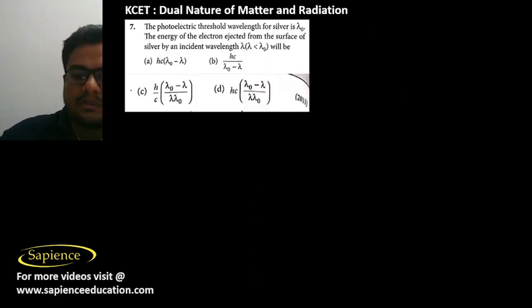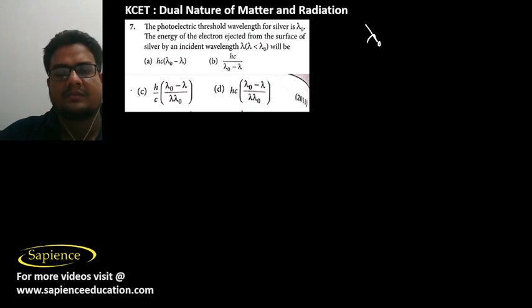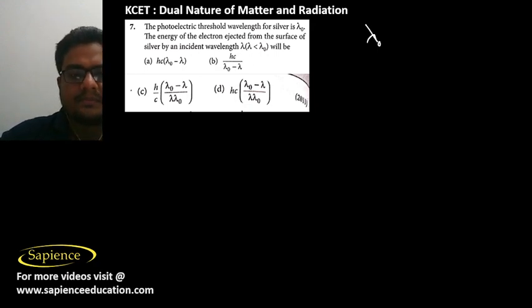And question number 7 says the photoelectric threshold wavelength for silver is lambda naught. The energy of the electron ejected from the surface of the silver by an incident wavelength lambda.